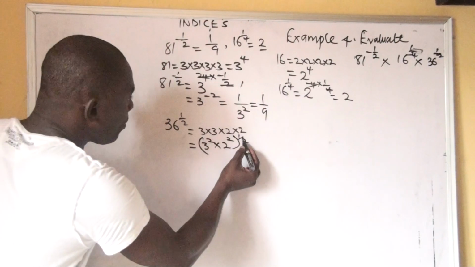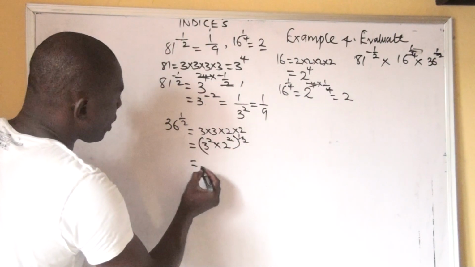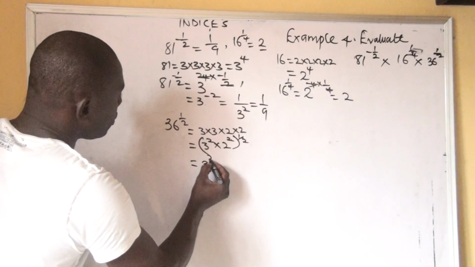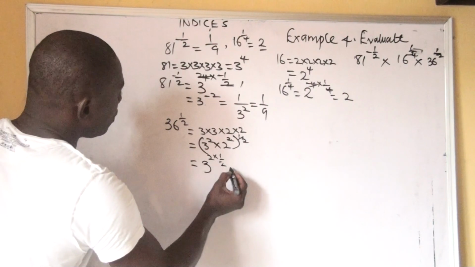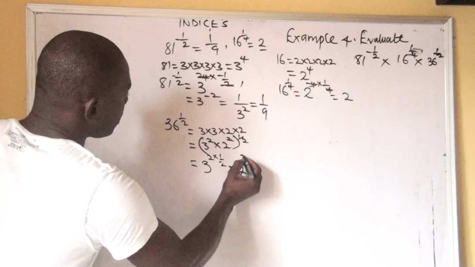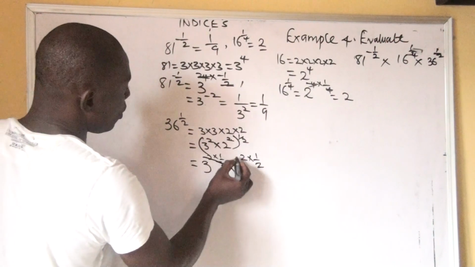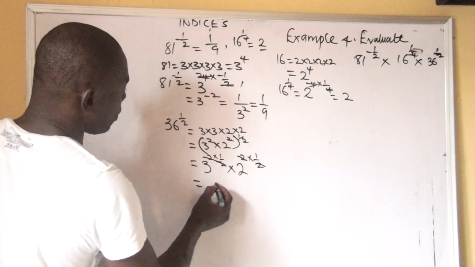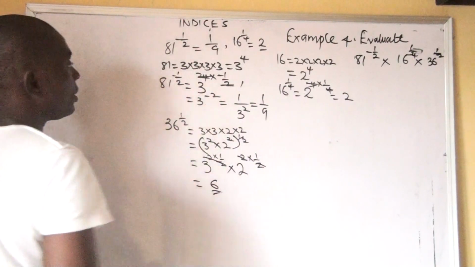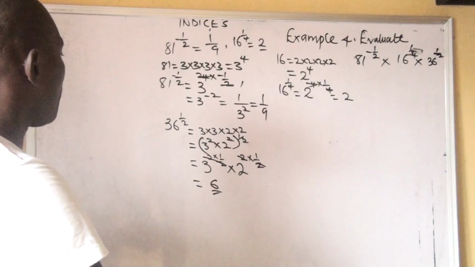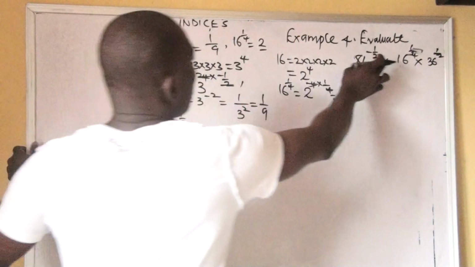So this half here, we multiply everything here. So this will become 3 raised to power 2 times 1 over 2 times 2 raised to power 2 times 1 over 2. So what happened? This will go with this will go with this, and we'll be left with what? With 6. So here we've obtained all these results.